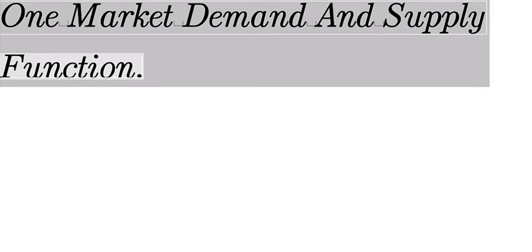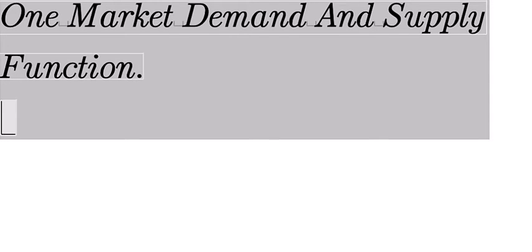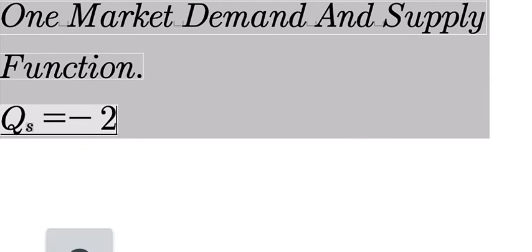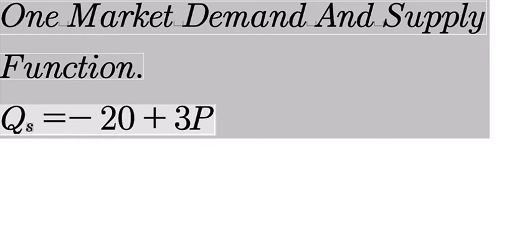So, in this page, we have to trace the algebraic solution to demand and supply functions. In this particular page, we will teach that of one market demand and supply function. Now, we give the example of the question as Q sub S, that is quantity supplied, equal to minus 20 plus 3P, where P is the price, Q sub S is the quantity supplied, okay?